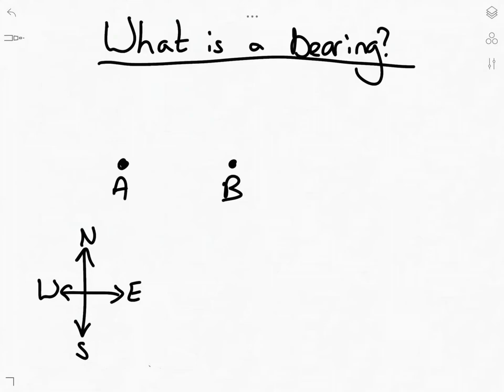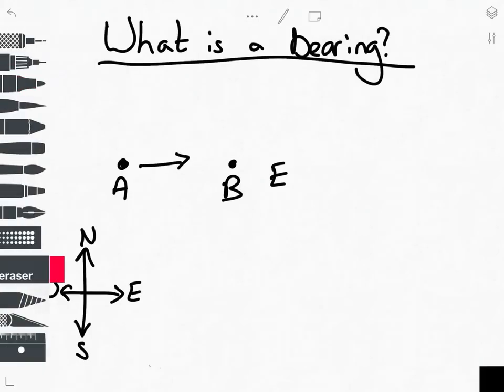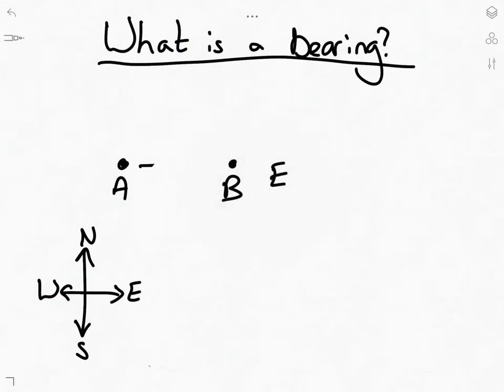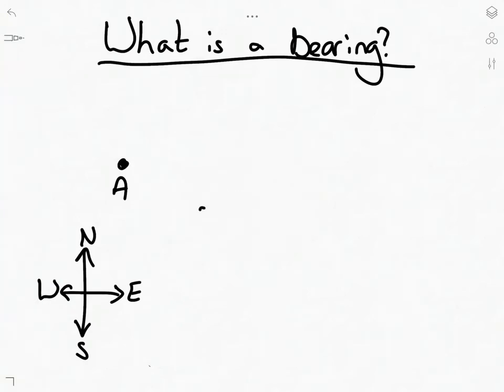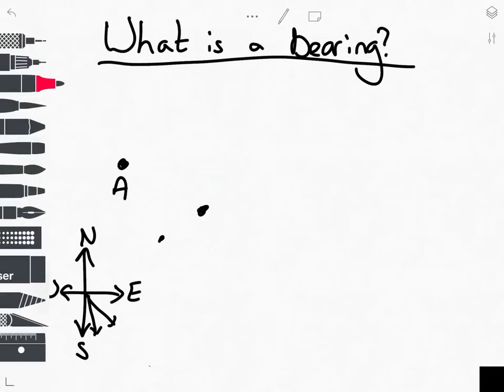So what direction is B from A? You would say it's east, because it's this way. And that's fairly straightforward, but what happens when B is here? Maybe that's southeast, but what happens if it was maybe here? It starts getting harder and harder.